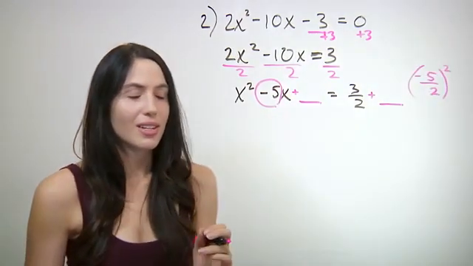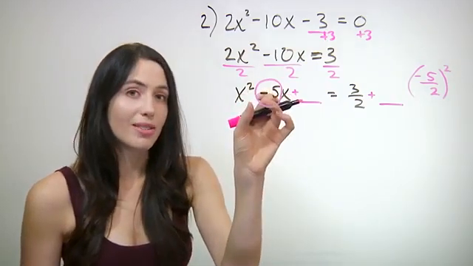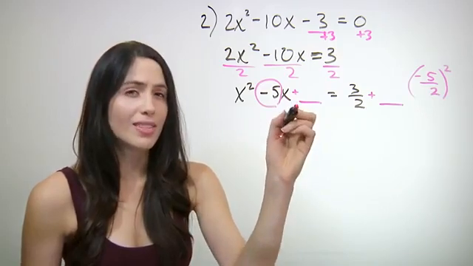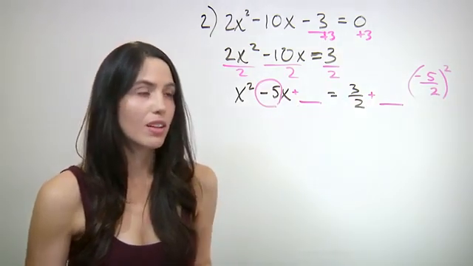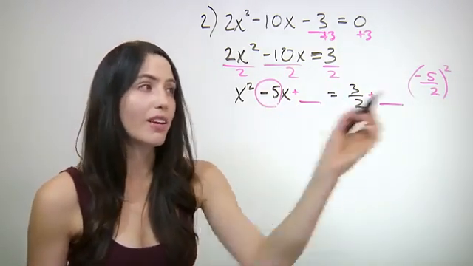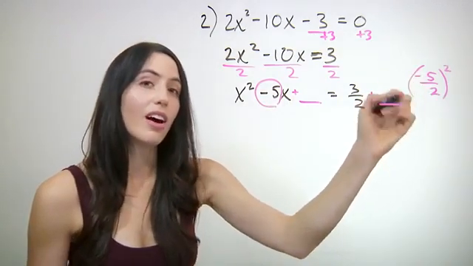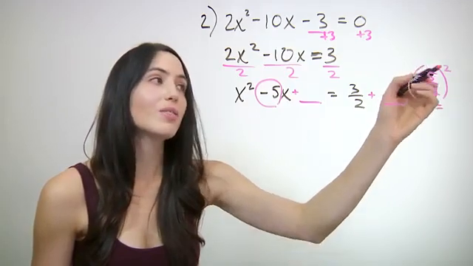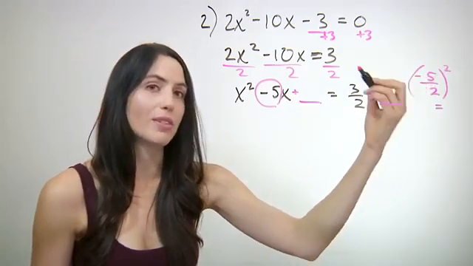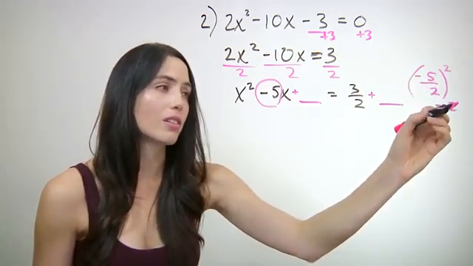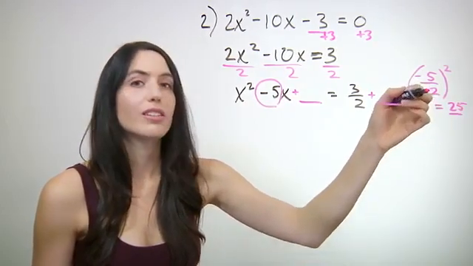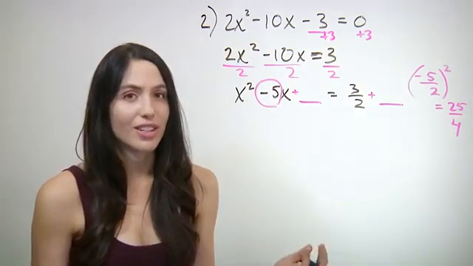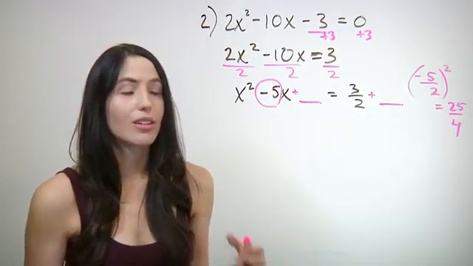So it's always the coefficient of x over 2, then squared, and that is what you add to the left side and the right side. So in this problem, that's negative 5 divided by 2, all squared, which simplifies to positive 25, because negative 5 times negative 5 is positive 25, over 2 squared on the bottom, which is 4. So you're adding the fraction 25 over 4 to both sides.